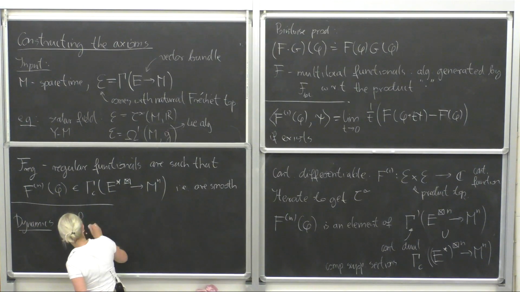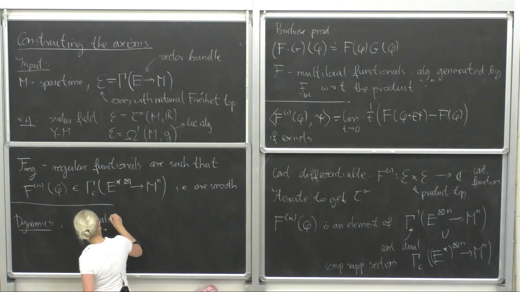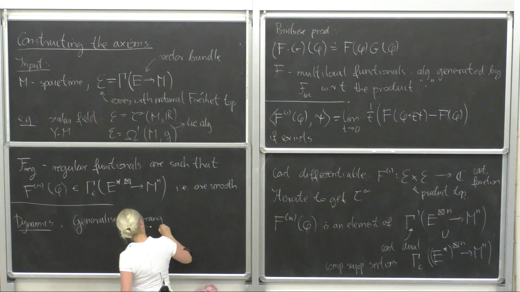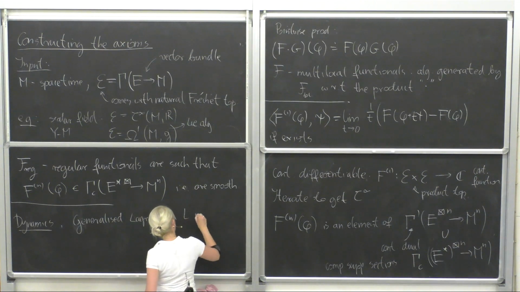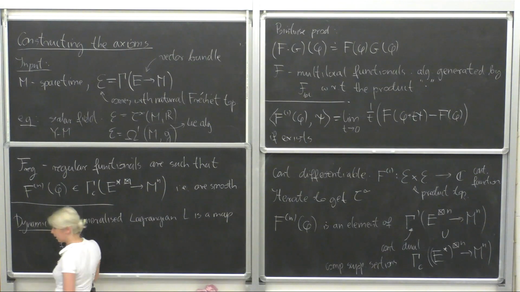So Lagrangian, or let's call it the way I usually do, generalized Lagrangian. L is a map that takes a cutoff function.